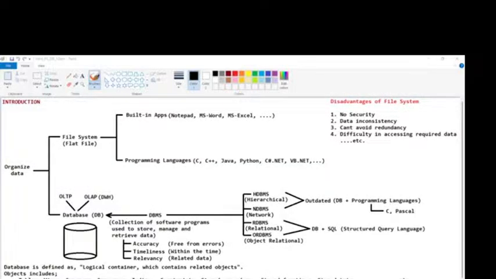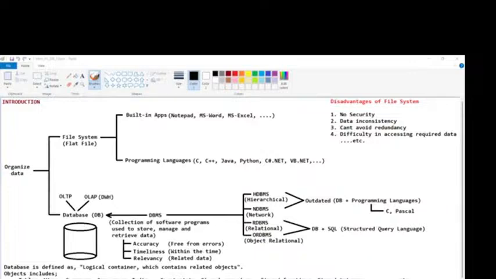So in the last session, in the demonstration class, we came up with a comparative discussion on file system and database, and we tried to discuss how important a database is to organize data, right?